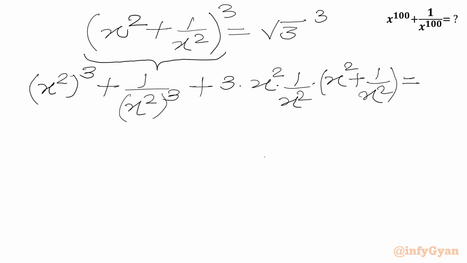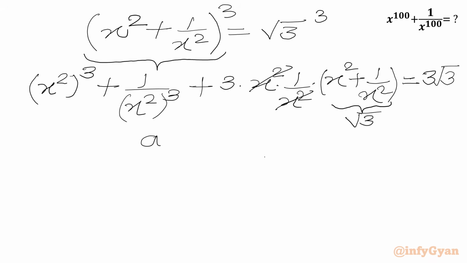And in the RHS, square root 3 times square root 3 times square root 3 will give us 3 square root 3. x square and x square will be over from numerator and denominator. x square plus 1 over x square is root 3 as per equation 1.